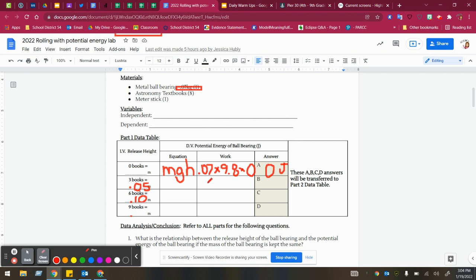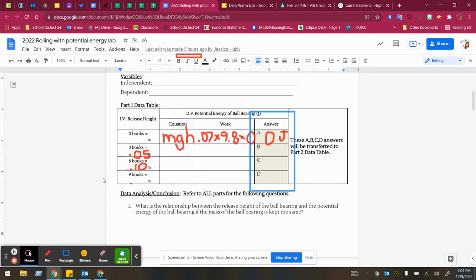Your mass is still 0.07. Your gravity is still 9.8, but now your height is 0.05. You'll repeat that with 6 books and 9 books. All of your answers should be a number that is smaller than 1.0. They are all smaller.